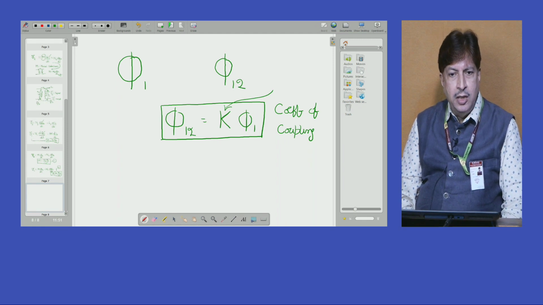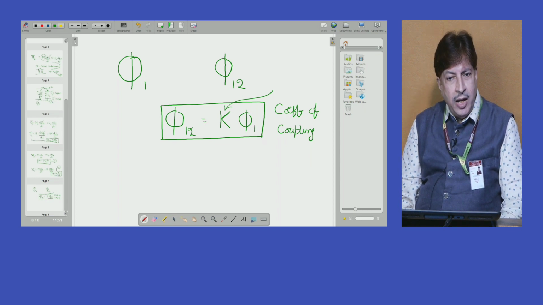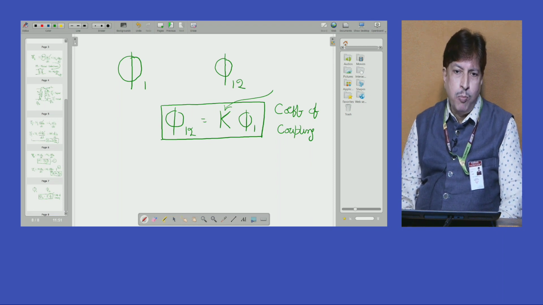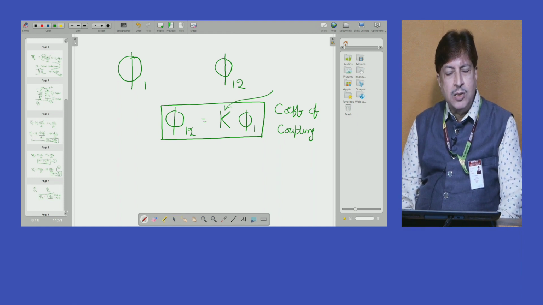By looking at these two specifications, one can easily understand that the first coupled circuit has more magnetic coupling because a higher percentage of main flux is linking the other coil. Coming to the second coupled circuit, which has K value 0.7, it implies that relatively less magnetic coupling exists between the coils of the coupled circuit.